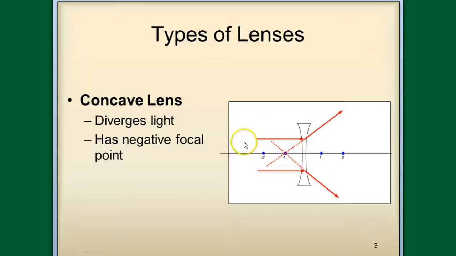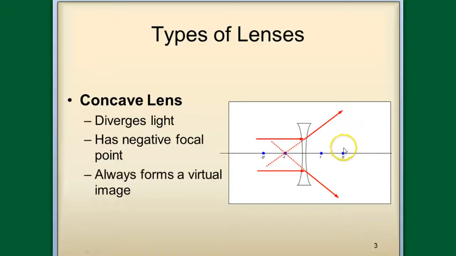So if the object is on the left, the focus is on the left. If the object is on the right, the focus is also on the right side. And again, these always form a virtual image. It's a diverging lens. The real rays always diverge away from each other. They will never come back together, so it's impossible to form a real image.